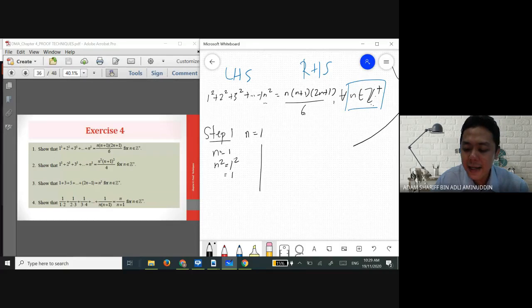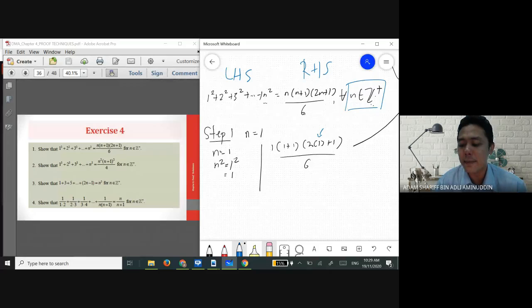For the right hand side, n equals to 1, you masuklah 1 plus 1, 2(1) plus 1 over 6. Okay, saja peringatan, bracket membantu kamu untuk buat kesilapan algebra. Saya suka letak bracket.